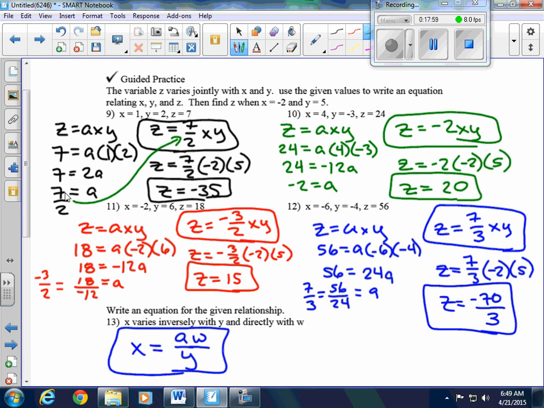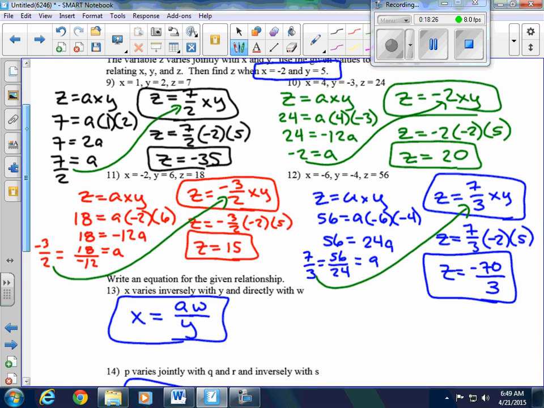Okay? We're always taking the a and just plugging it into our original equation. And that's how we get our inverse variation. And then they tell us on all of these that we have x equals -2 and y equals 5. So we're plugging those in to find what z will actually be.